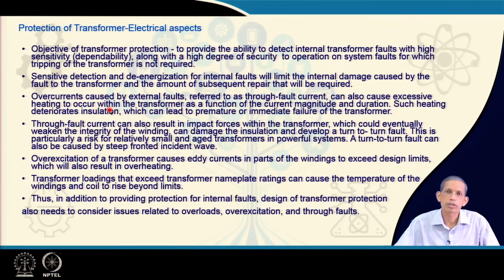The downstream protection scheme and its coordination with the transformer must also be addressed. Through faults or external faults can result in impact forces, the mechanical forces which we discussed, which could eventually weaken the integrity of the winding. Further, a turn to turn fault can also be caused by a steep fronted incident wave; those are other challenges from the transformer perspective.